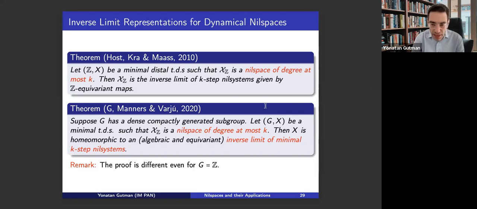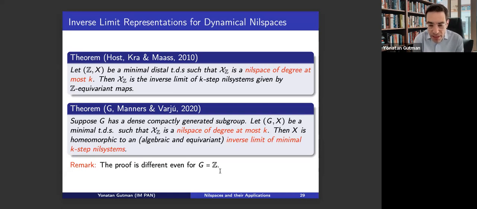And the theorem says that if (G, X) is a minimal topological dynamical system such that X is a Nilspace of degree at most k, then X is actually homomorphic to an algebraic and equivariant inverse limit of minimal k-step Nil systems. And the proof is even different from the proof given by Host–Kra and Ziegler for the case G equals Z.